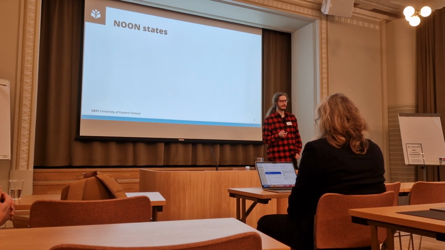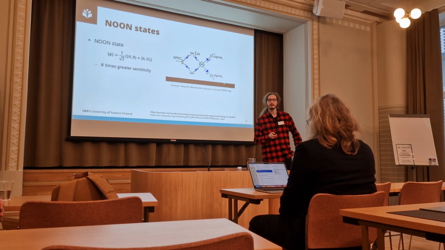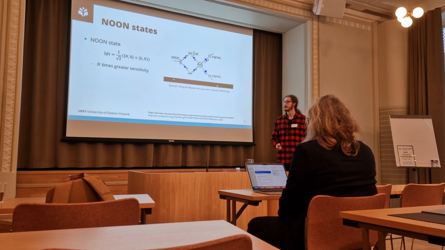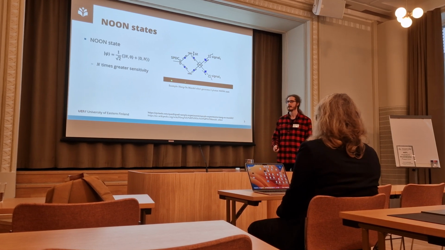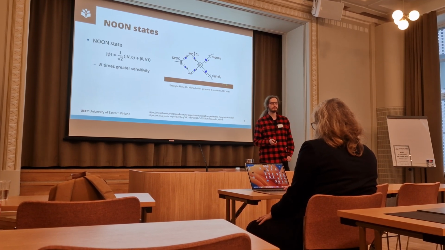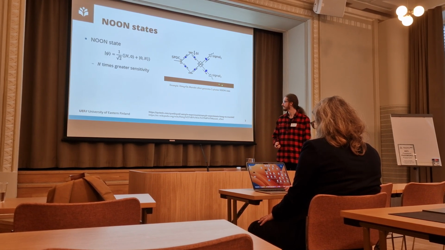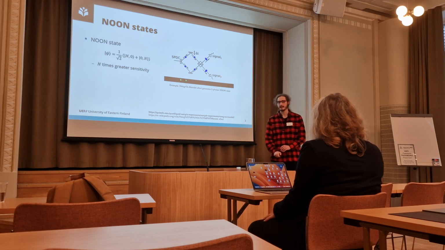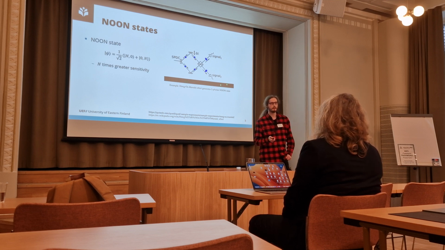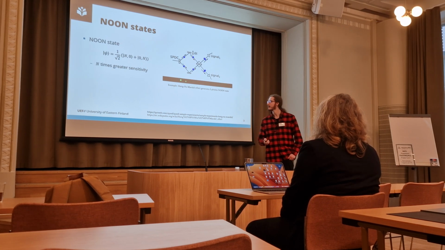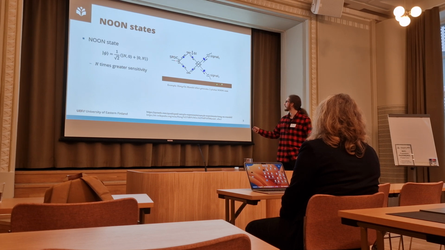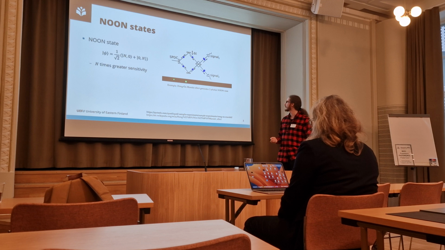So, what are N00N states? In N00N states, you have N photons entangled between two modes, and a very simple example to generate such a state for two photons is the Hong-Ou-Mandel effect, where there's a parametric down-conversion and two photons are combined with a beam splitter, which then gives two photons going either through path 1 or path 2.